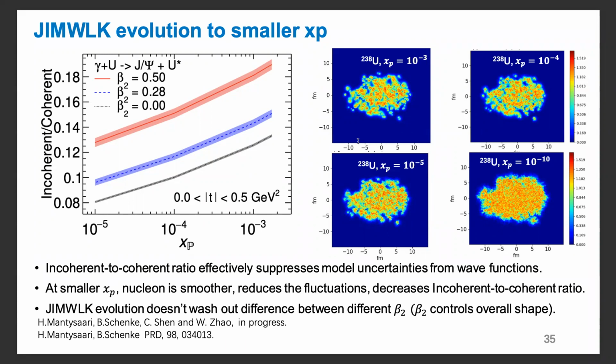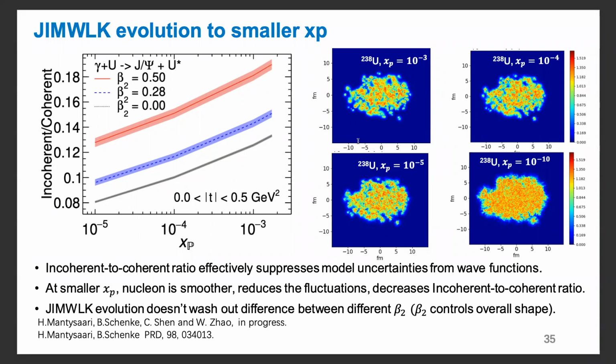And also we choose different beta 2 parameters from larger x to small x. The differences between the different lines are still here. On the one hand, the incoherent to coherent cross section decreases when going to a smaller x. This is because when going to a smaller x, more gluons will emerge, and the nucleon on target becomes smoother.